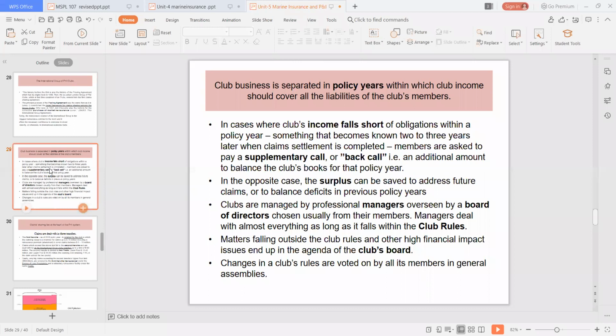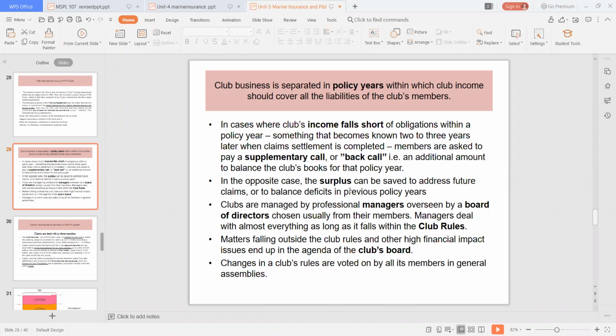Club business is separated into policy years, within which club income should cover all the liabilities of the club members. In cases where the club's income falls short of obligations within a policy year, something that comes to light 2 to 3 years later when claim settlement is completed, members are asked to pay a supplementary call or back call, that is, an additional amount to balance the club's books for that policy year.